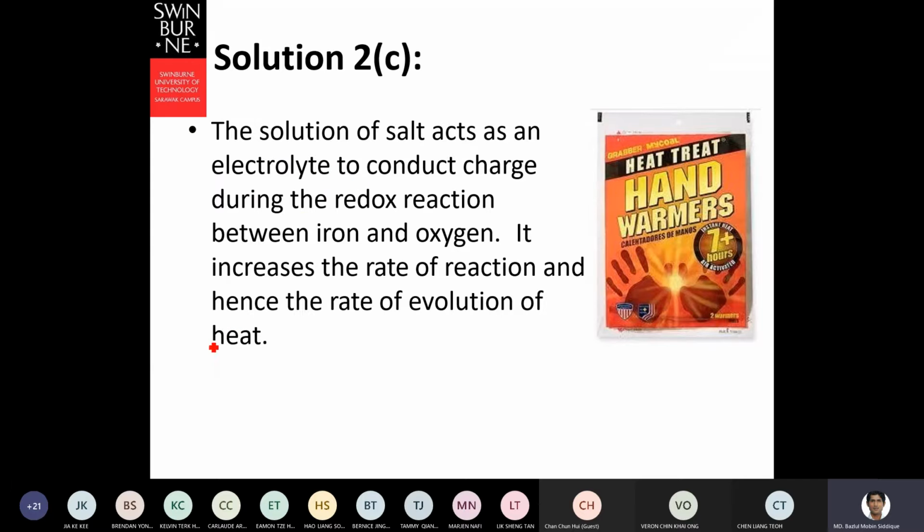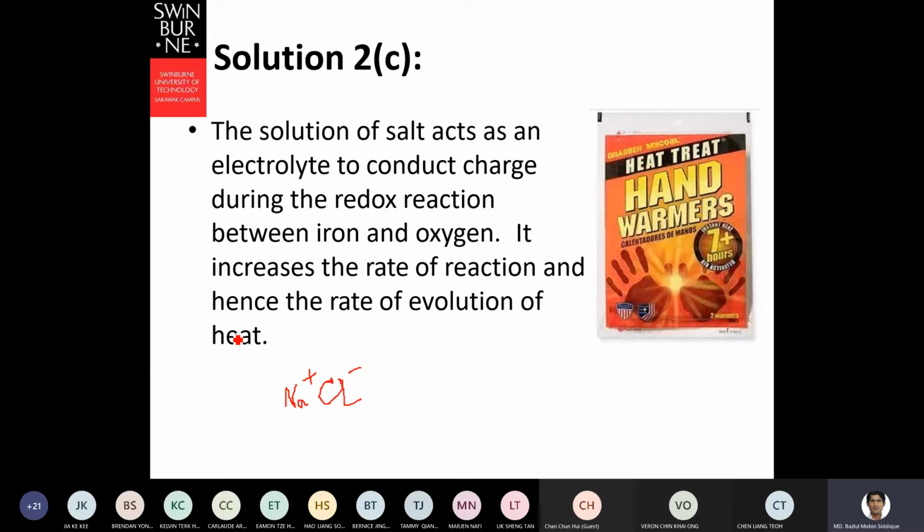Because we know salt, let's say sodium chloride. Sodium chloride is a salt, right? Sodium chloride, potassium chloride, sodium carbonate, all those salts. Sodium chloride is a good electrolyte because it can separate into ions upon contact with water or an aqueous medium.